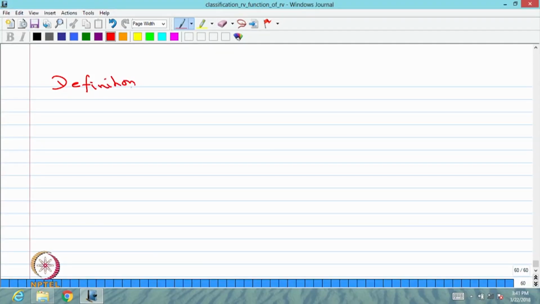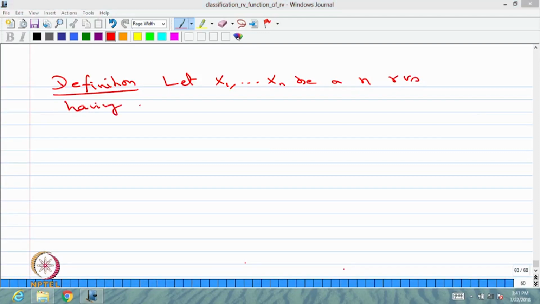We are moving into the next important result, finding the variance of a sum of random variables. Next definition: let X1, ..., Xn be n random variables having finite variances.